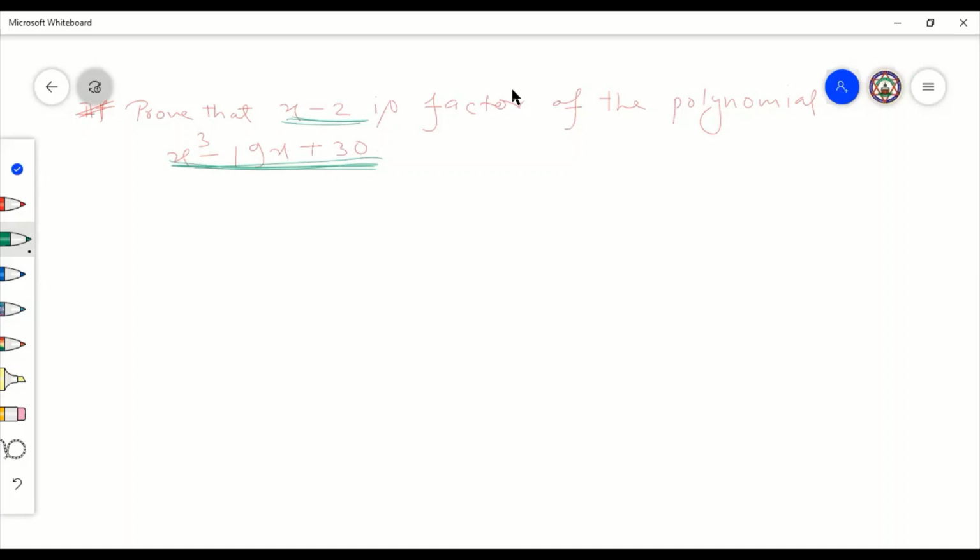So now in this case, I'll let g(x) equal x cube minus 19x plus 30 be the given polynomial.